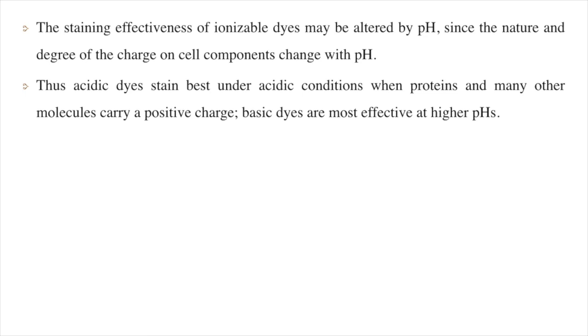Thus, acidic dyes stain best under acidic conditions, when proteins and many other molecules carry a positive charge. Acidic dye means it can stain best under acidic conditions. At that time, the proteins and many other molecules have positive charge. And the basic dyes are most effective at higher pH.